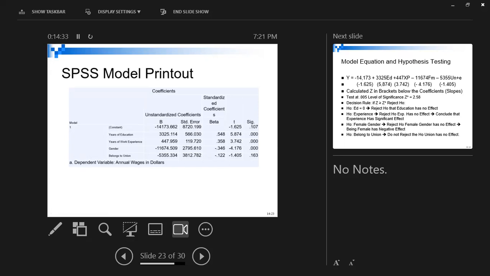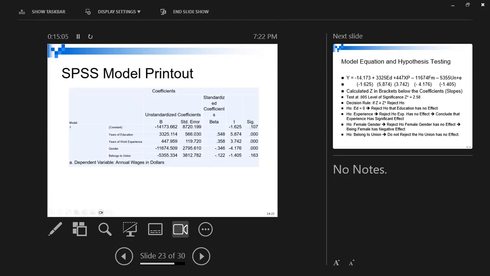And you can see here that the value of the constant is not significant, which means essentially it's theoretically 0. You see the p-value is 0.107, which shows that you are not able to reject the null hypothesis of 0 when these variables are all 0.